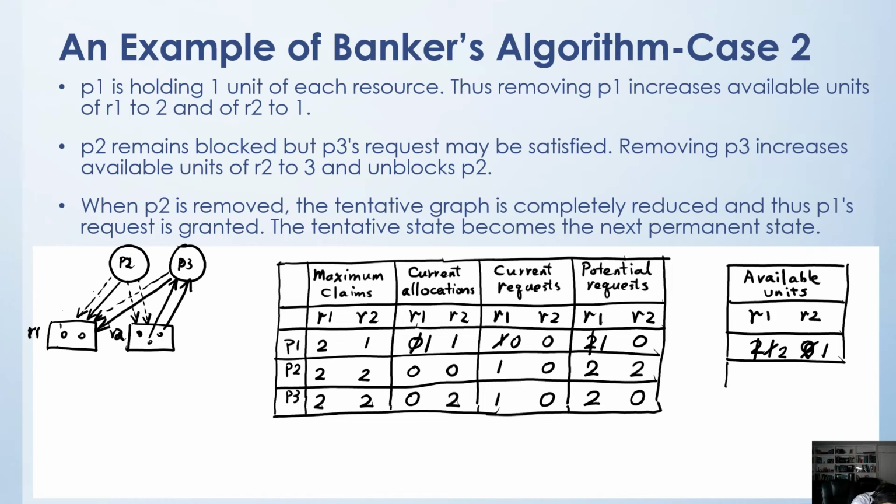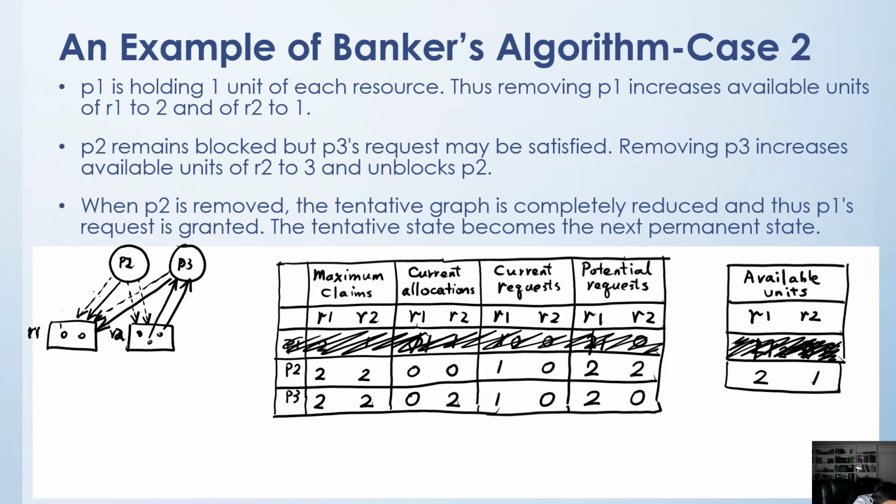Okay, so let's rewrite this. In this new state, once we eliminate P1, we free up 1 unit of R1 and 1 unit of R2. Now, let's check the remaining processes, P2 and P3.